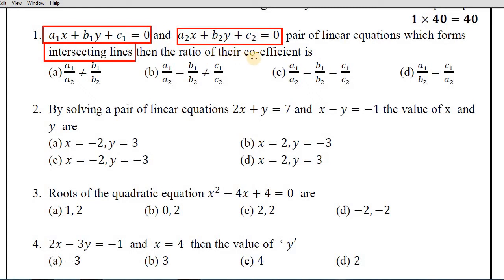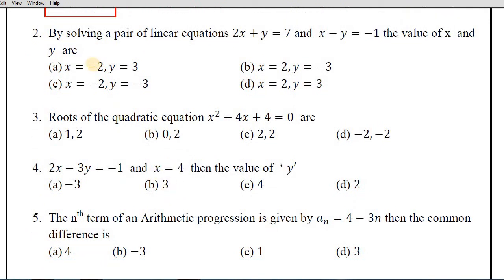Very simple problem. Here they have given two equations in general form, and they clearly said that these two lines are intersecting. Intersecting means it has a unique solution. Therefore, for this question, the right option is option A: a1 by a2 is not equal to b1 by b2.